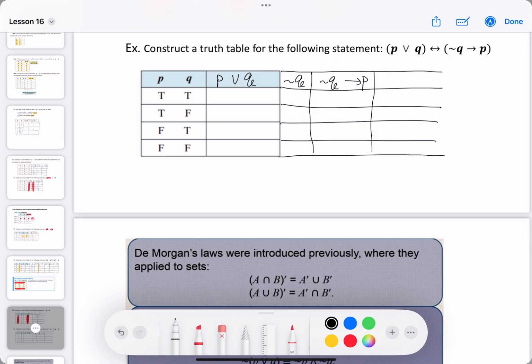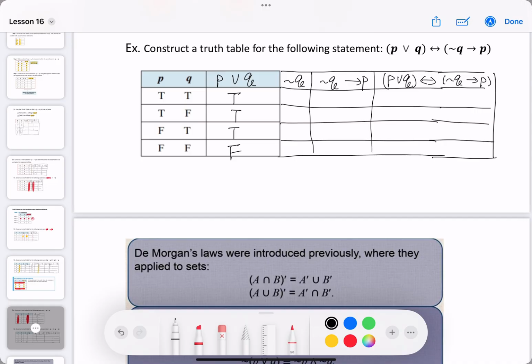The last column, I'm looking for P or Q if and only if the second part of the statement, if not Q, then P. Okay, let's see. P or Q: true, true, true, false.